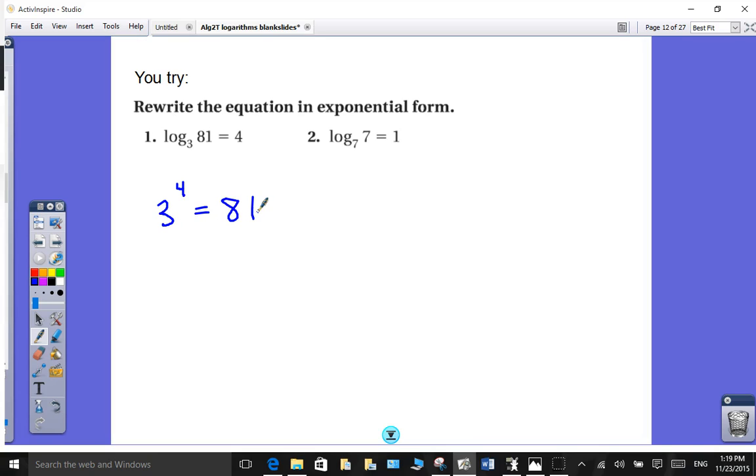Now, when I was doing this stuff and I had to go back and forth, I always was doing this, and I don't know why. I don't know whether we were taught this or what. But I'd always go 3 to the 4th is 81. I'd start in there. Over here, I would do 7 to the 1 equals 7. At least go in that direction.